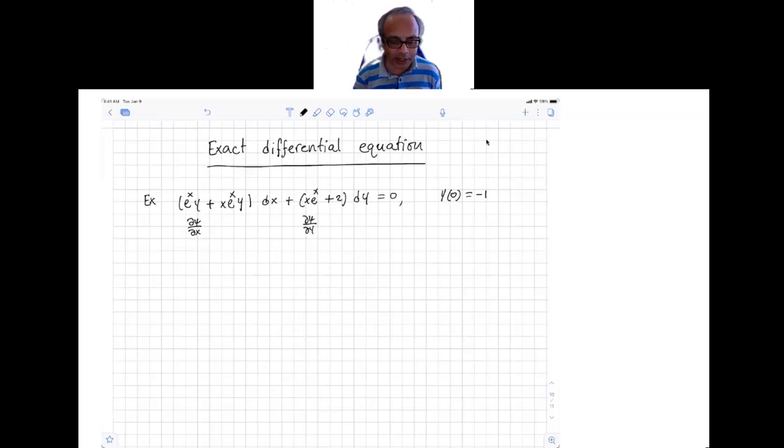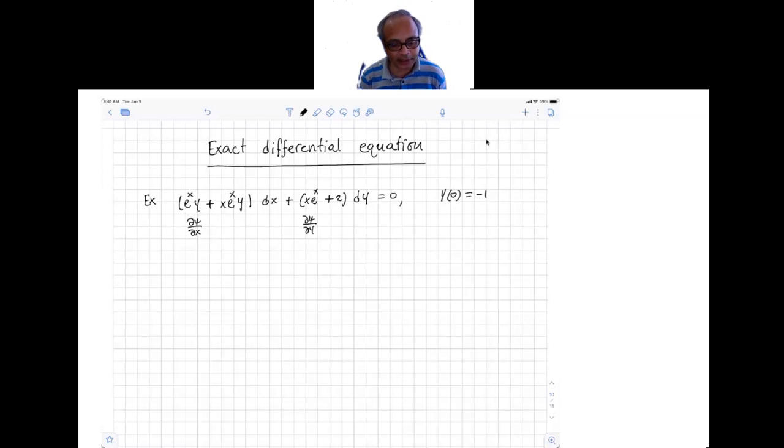So now you have partial psi with respect to x and partial psi with respect to y. That tells you that you can have mixed partial derivatives, and if the differential equation is exact, then the mixed partial derivatives should match. That is the way you test whether the differential equation is exact or not.